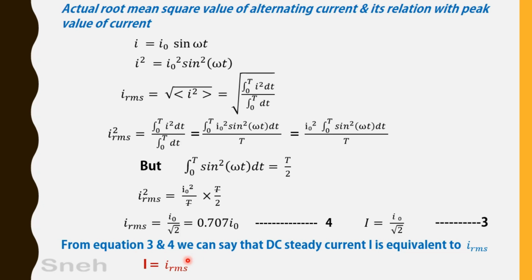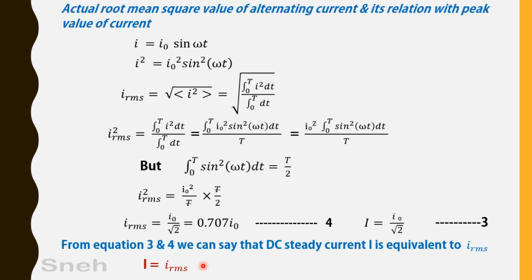And due to that, we say that this IRMS is equivalent to the value which is measured by an ammeter or voltmeter, because I know that ammeter and voltmeter are measuring DC current and DC voltages, and that value is equivalent to IRMS for alternating current and alternating voltages.